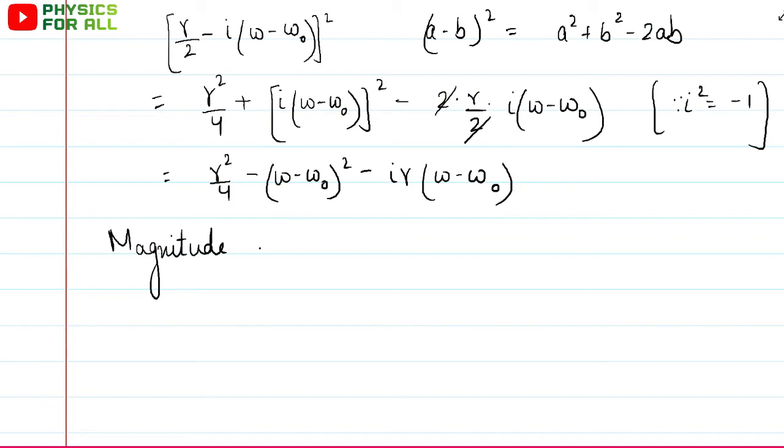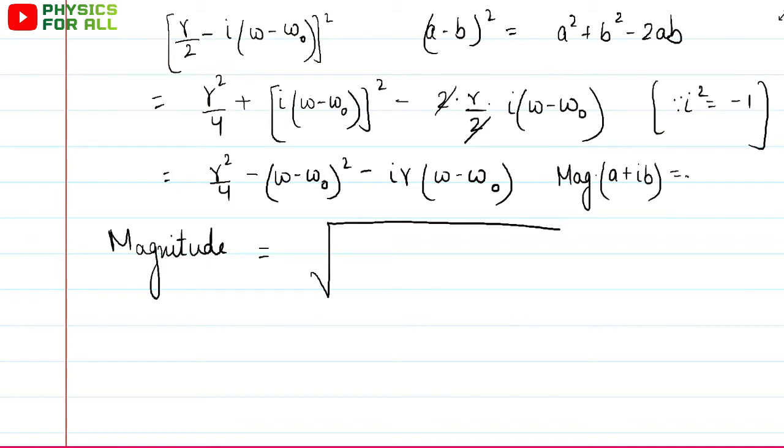How do we write the magnitude? The magnitude of a plus iota b is under root a square plus b square. This is the magnitude formula for any complex number.